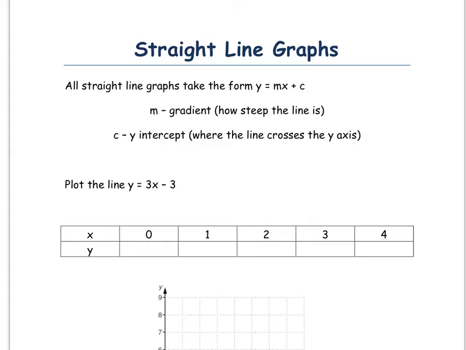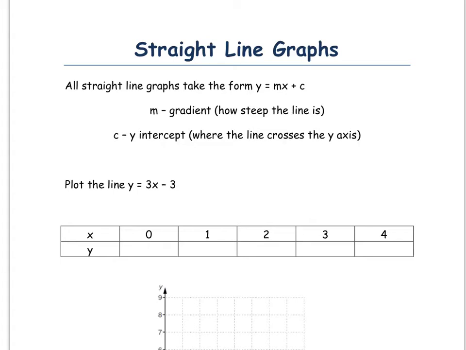To draw a straight line graph, you need between 3 and 4 points. So, what we're going to do is we're going to take our y equals 3x minus 3 and we're going to substitute in our values for x. So, firstly, put in x equals 0.